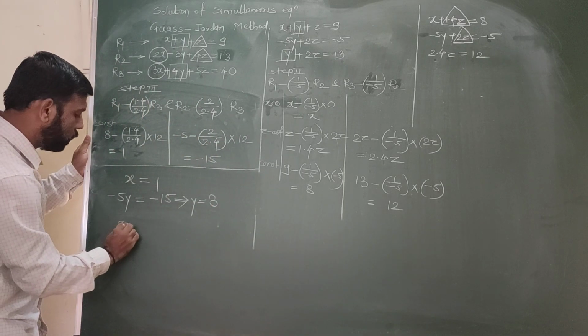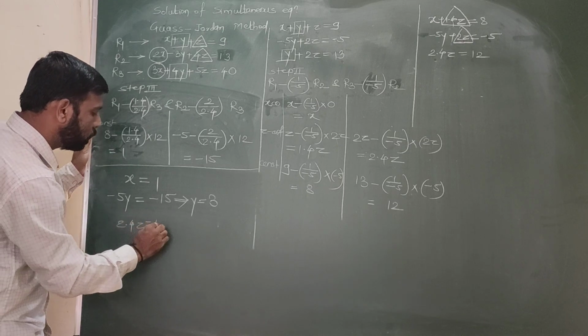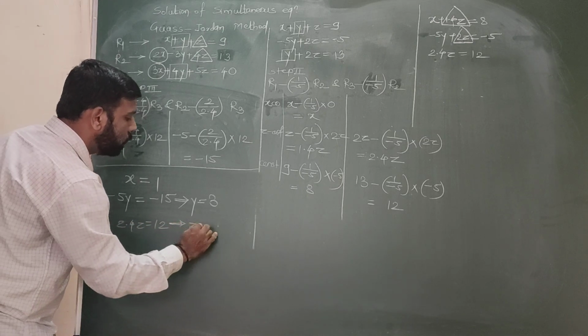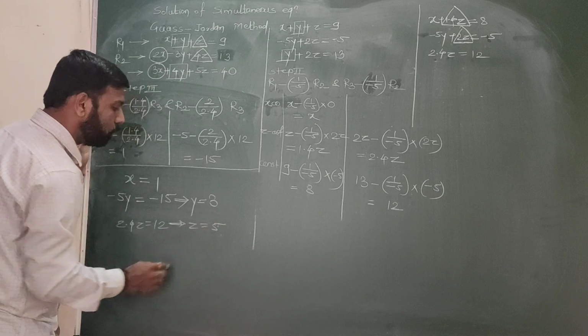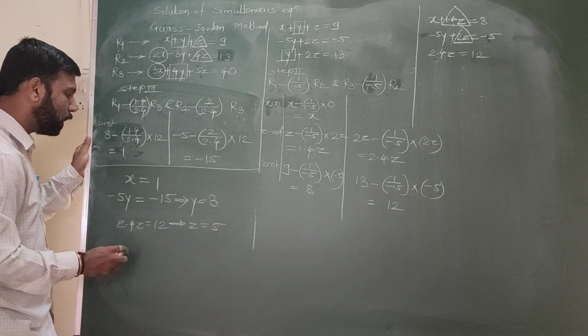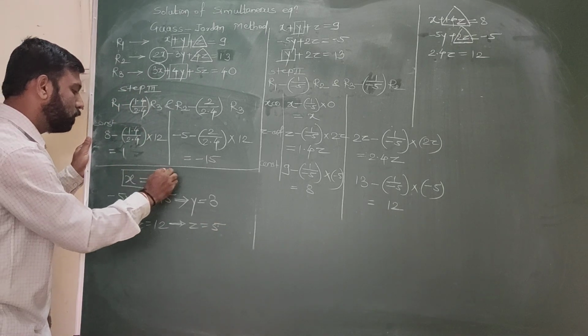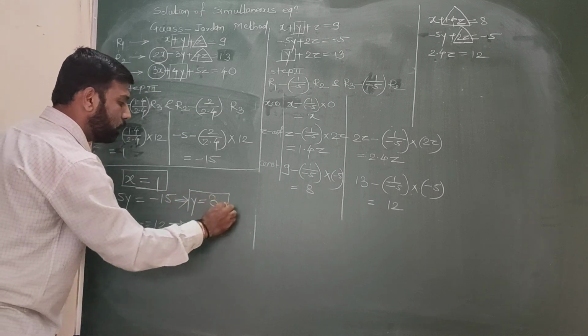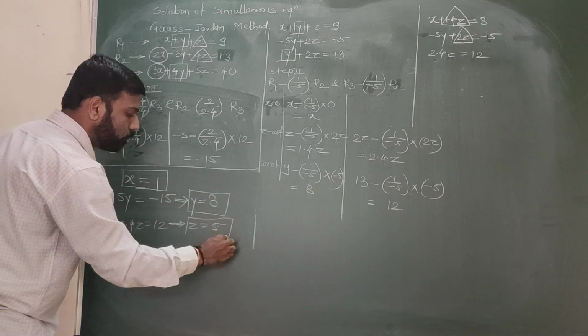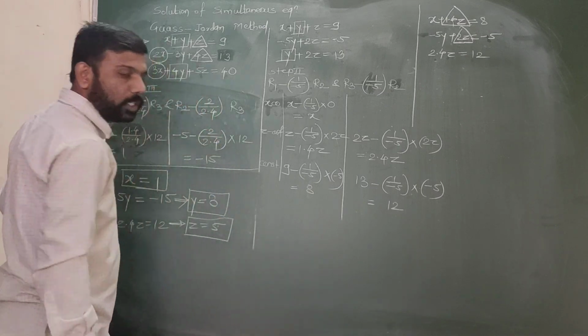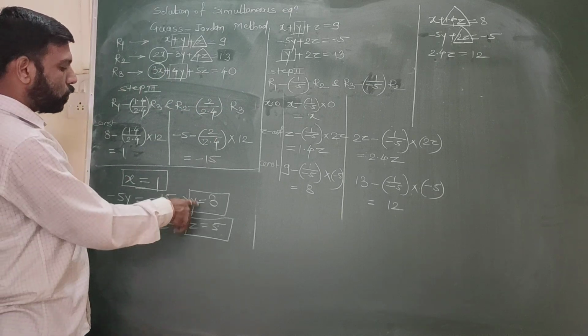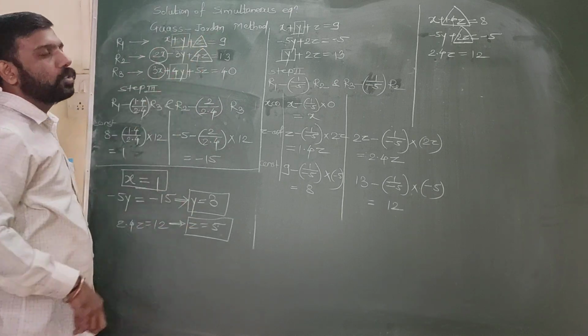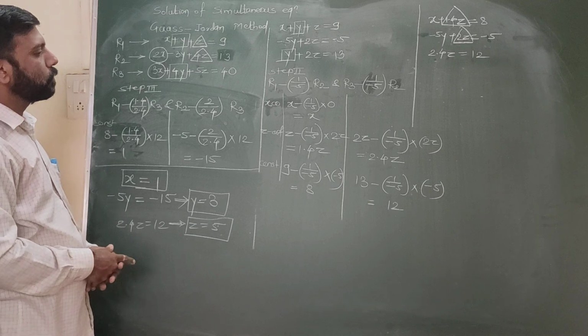Similarly, the third equation as it is implies that z is equal to 5. So we got the values of x, y, z. These are the values of the unknowns x, y, z by using the Gauss-Jordan method. Thank you.